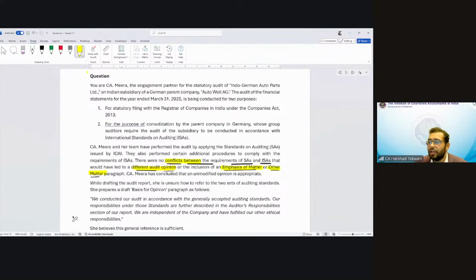The other set of standards should not prevent you from keeping the minimum set. Your audit report should have the minimum set. Then only you can refer to the SA. Remember? So I can refer to the SA in my audit report only when the minimum set of elements which are required to be there is present. So along with this, the minimum set or minimum elements should be present.